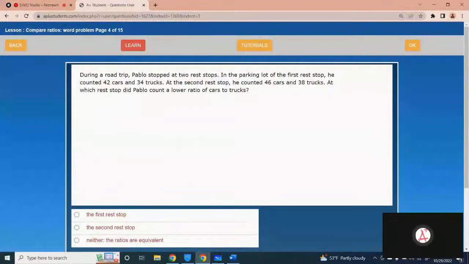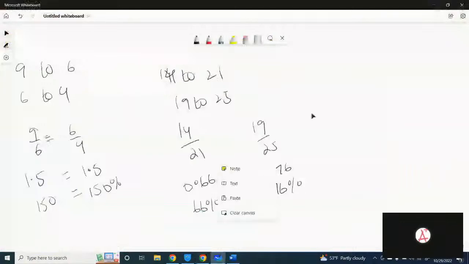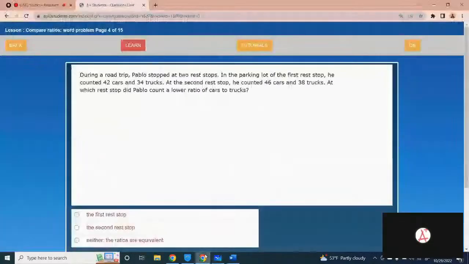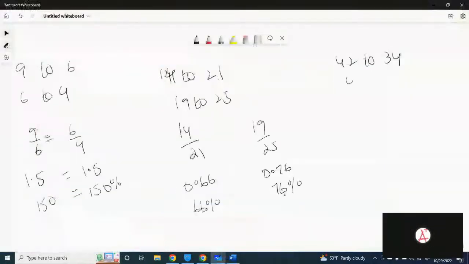So the ratios are 42 to 34 and 46 to 38. Okay, let's just write them down in fractional form.